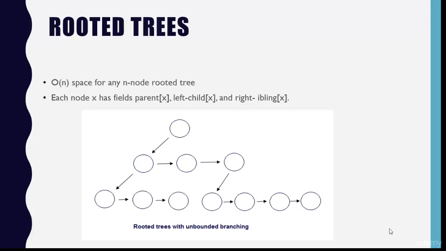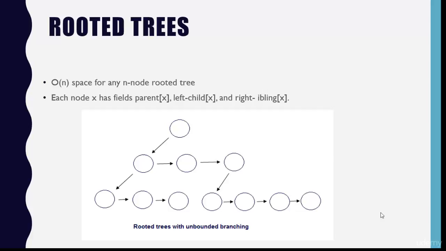As before, each node contains a parent pointer, parent, and root of T points to the root of the tree. Instead of having a pointer to each of its children, however, each node x has only 2 pointers. These are the rooted trees with unbounded branching.